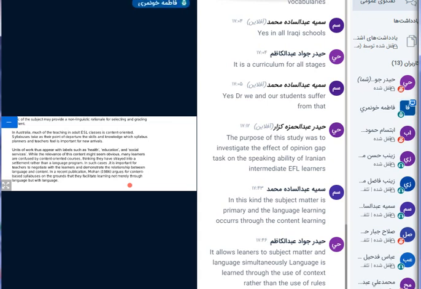this is one example of content-based instruction in Australia. You know, Australia is a country where there are a lot of immigrants traveling to stay there and make a future for themselves. And yes, their adult ESL classes are mostly content oriented.